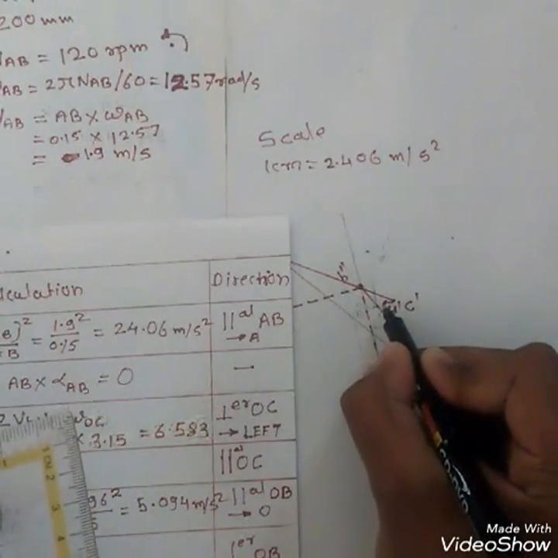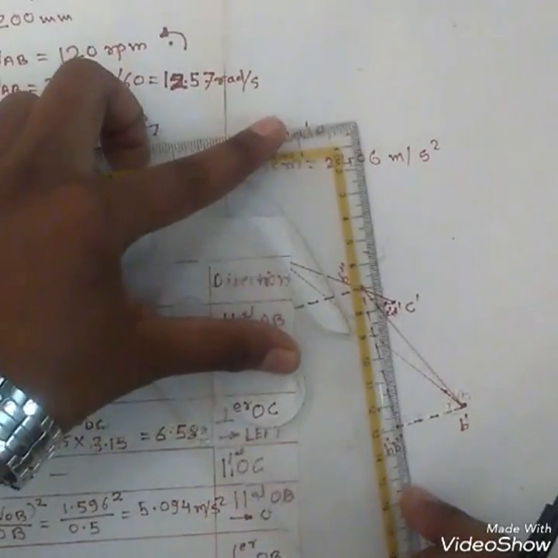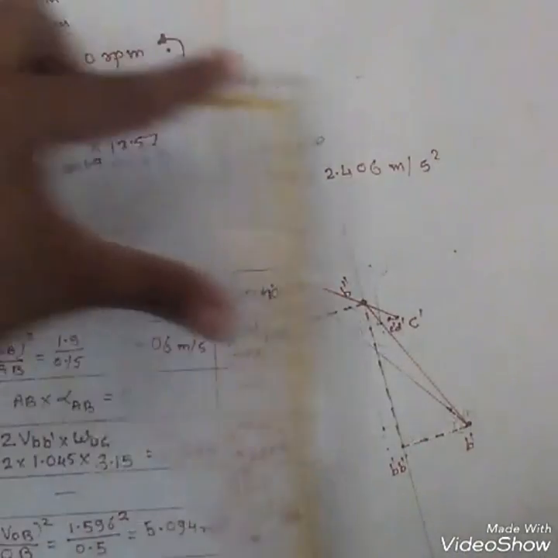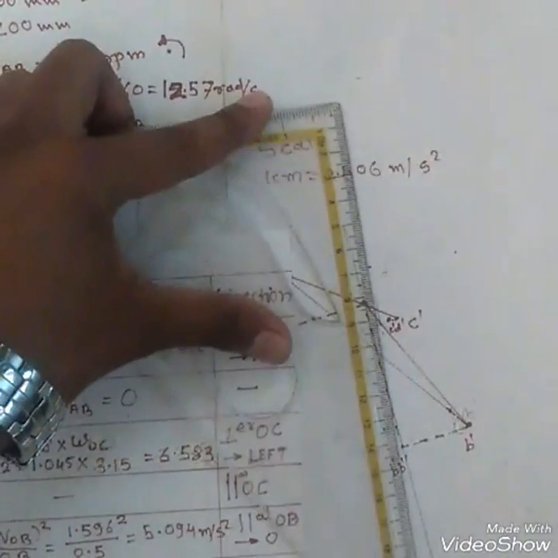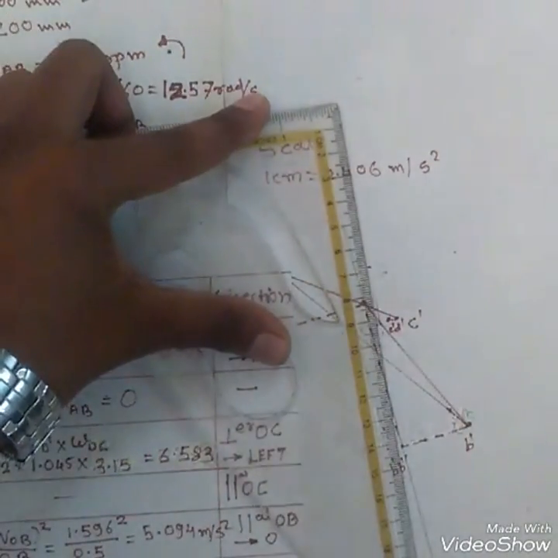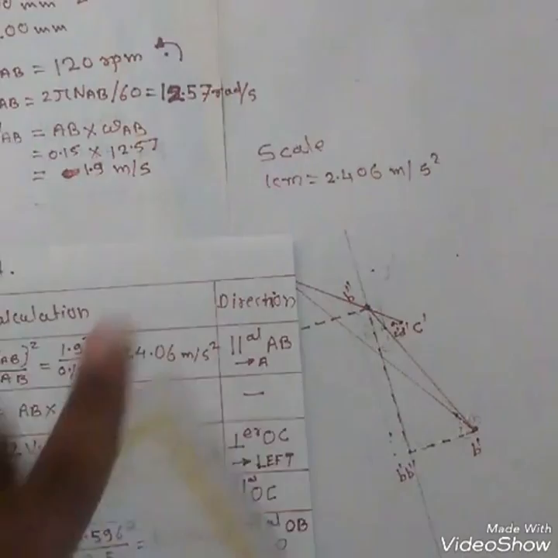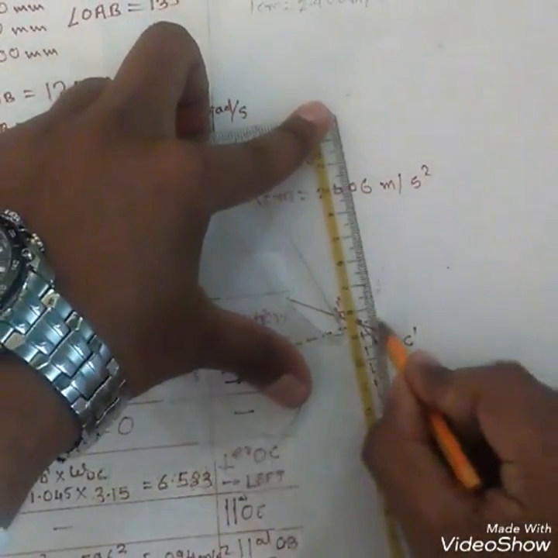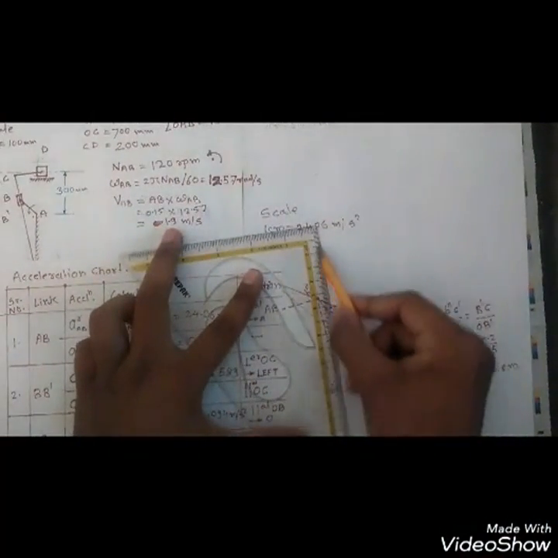Then draw a vector perpendicular to CD, like this, to get a locus for the D point. I will draw this locus with pencil.